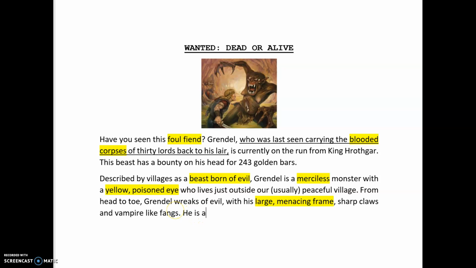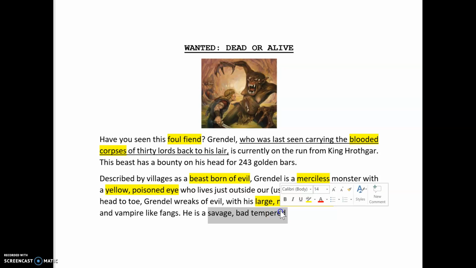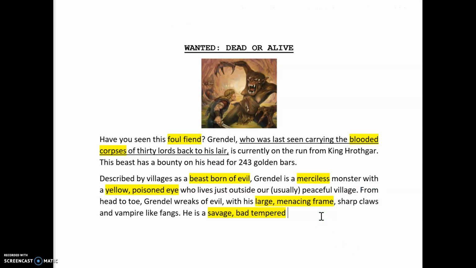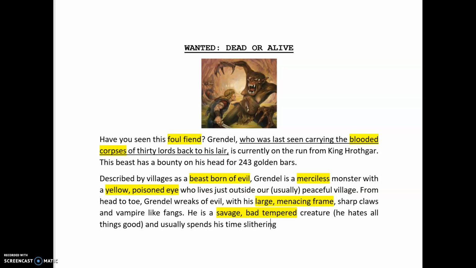He is a savage, bad-tempered, again, another expanded noun phrase. You've got to keep adding that description in. Remember, a character description is all about describing a character. So he is a savage, bad-tempered creature. He hates all things good, in brackets, some extra information, and usually spends his time slithering.